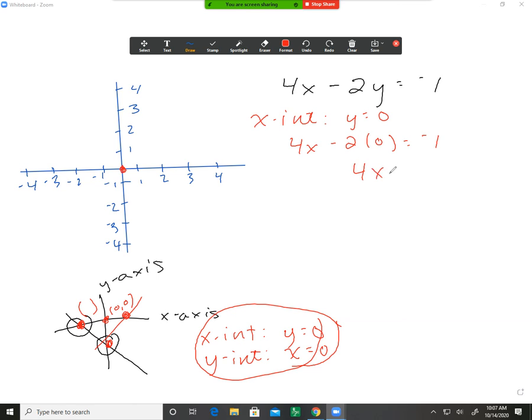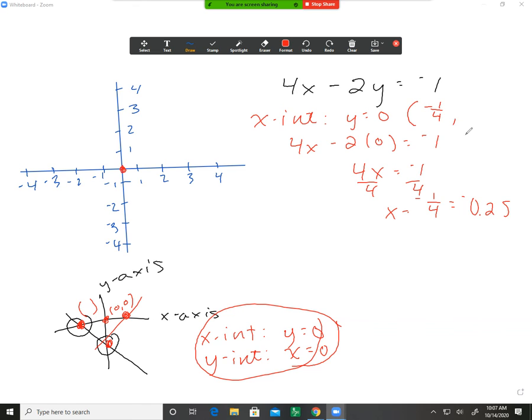So really, I just have 4x equals -1. Divide by 4 on both sides. I get x equals -1 over 4, or that's -0.25.